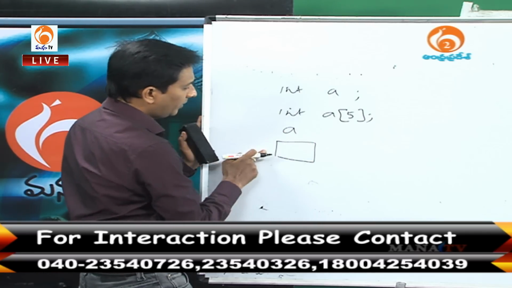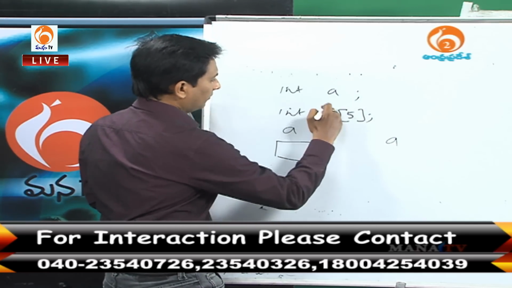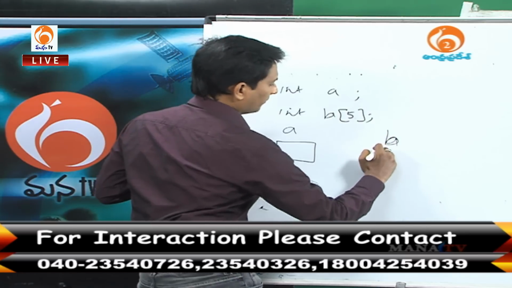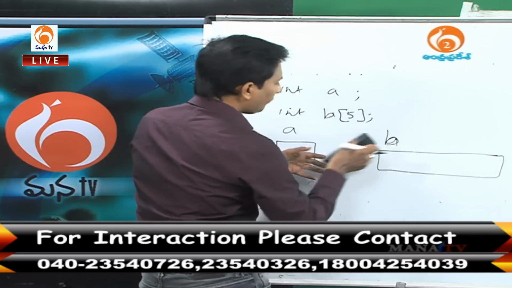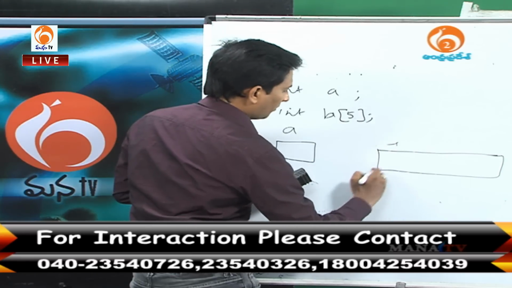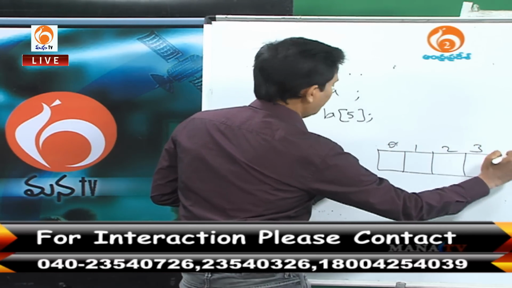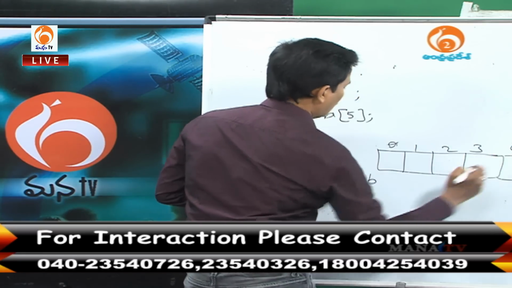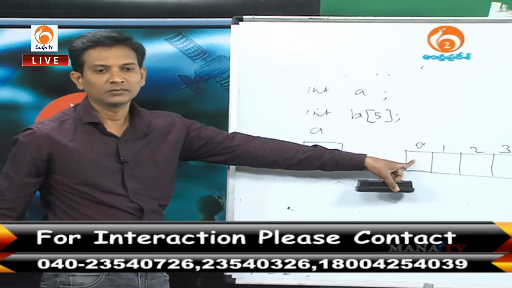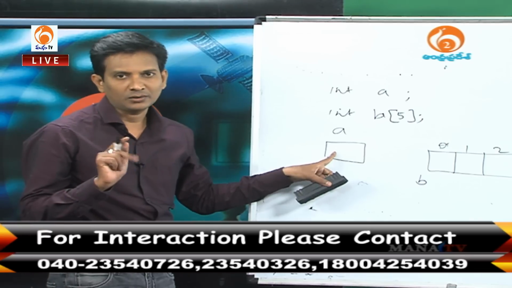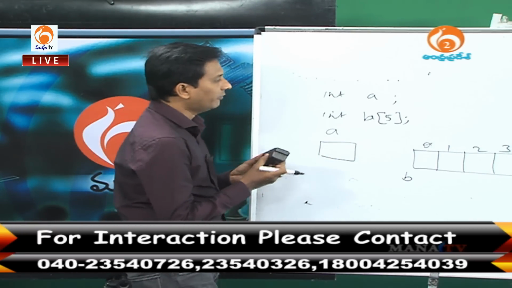This is a variable, I write here B. Zero, 1, 2, 3, 4. This is an array. You can store more than one value here, whereas in a variable you can store only a single value.